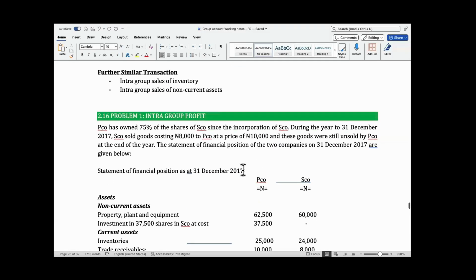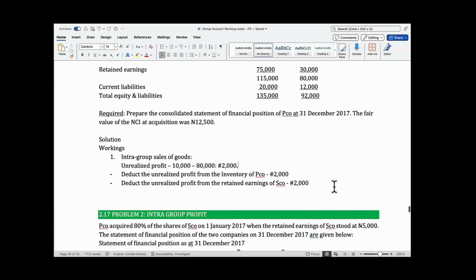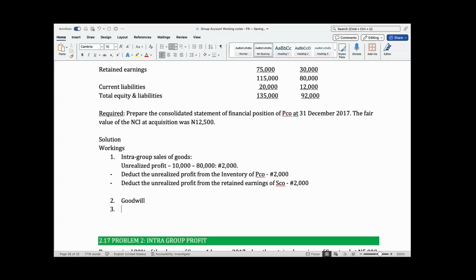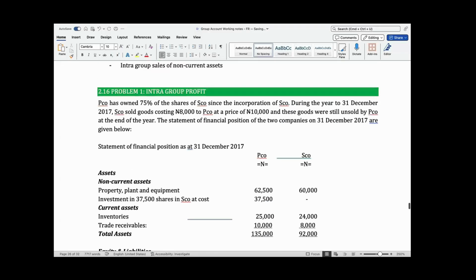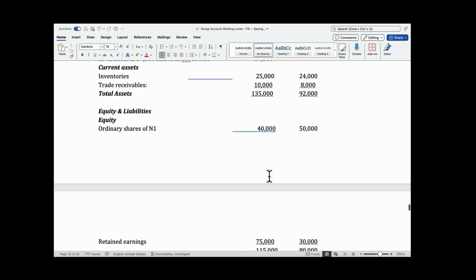Good enough. Those are the only adjustments. Then we can do our normal cancellation. First is the one that will result in the goodwill. So we'll have consideration transferred. How much did the parent pay? He paid 37,500.